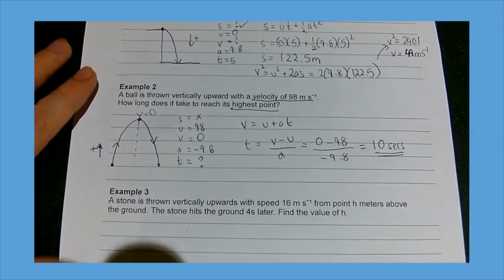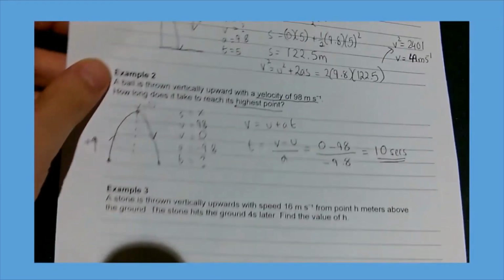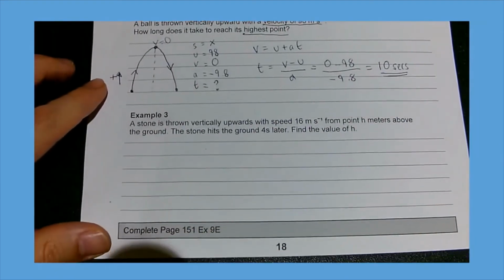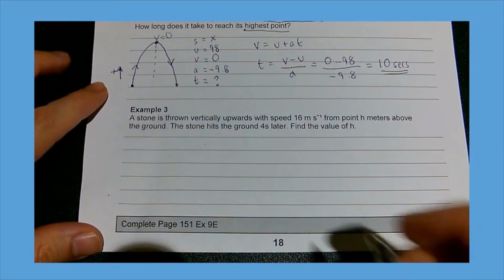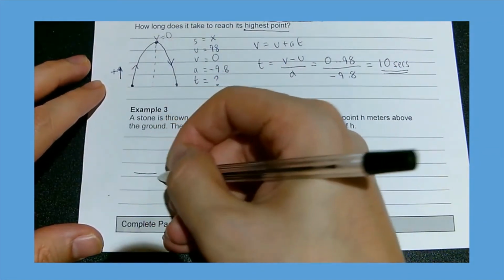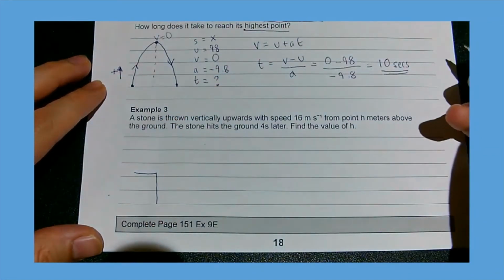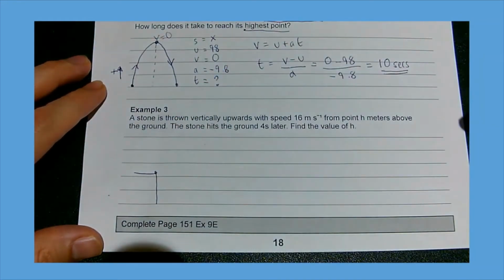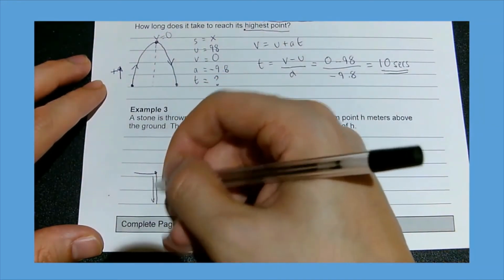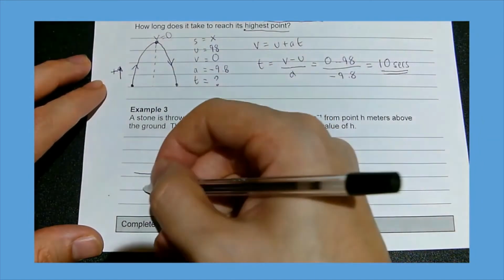Okay, last question. A stone is thrown vertically upwards with a speed from a height above the ground. The stone hits the ground 4 seconds later. Find the value of the height. Okay, so lots of things going on here. A stone is thrown vertically upwards with a speed of 60 meters per second from a point h meters above the ground.